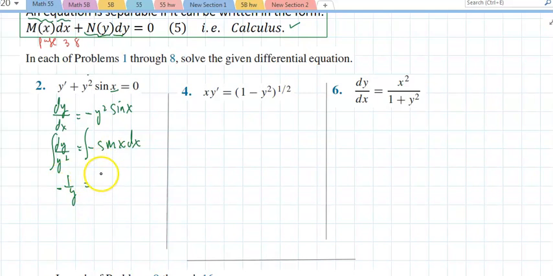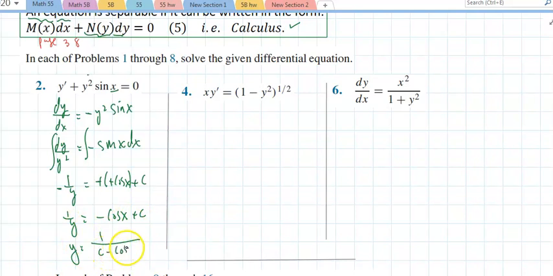And here, if I want to integrate this, the integral of negative sine is negative, minus a negative cosine, so that makes it a positive. So I could say 1 over y equals negative the cosine of x plus c. And I could say the reciprocal of this side is 1 over c minus the cosine of x, or negative cosine of x plus c. Either way.